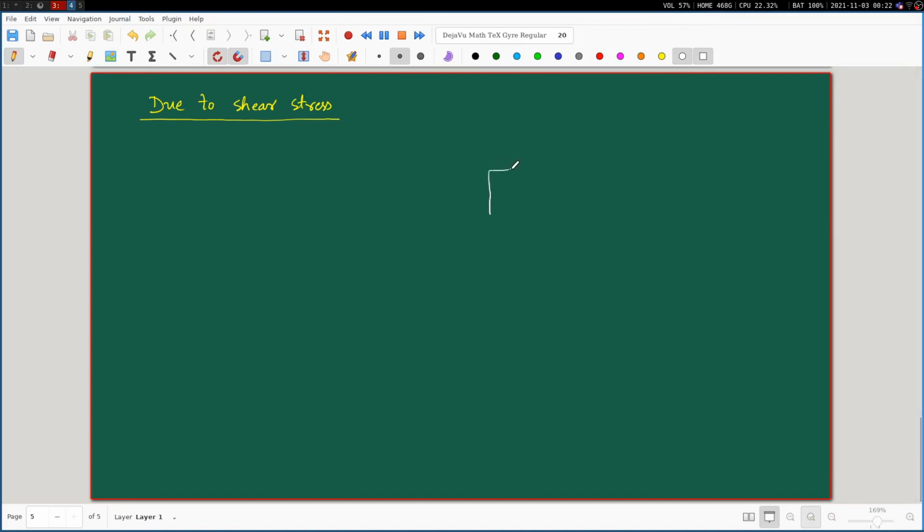So this is the element, and in the deformed configuration it looks like this. So a picture which is very familiar to us.